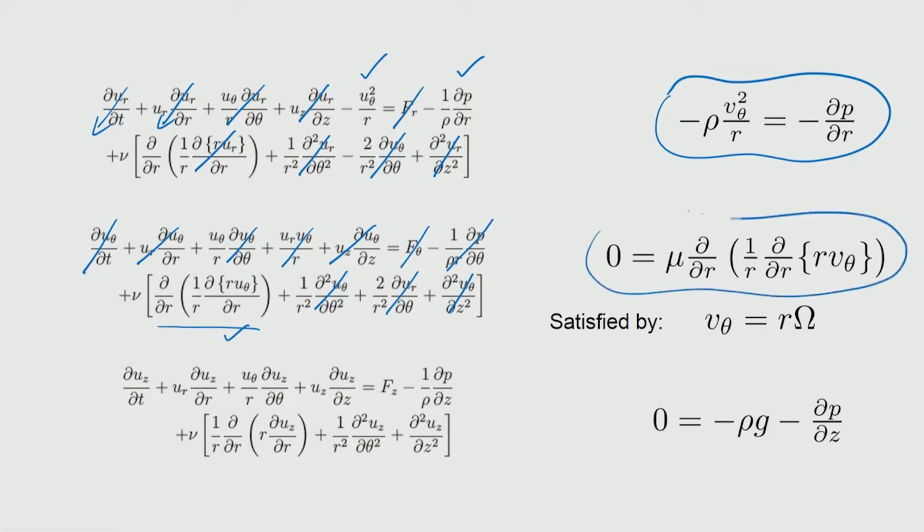So, that comes here. Now, the boundary condition is such that the linear velocity at the end of the container is given by r omega. So, if you plug in, then you see that the equation is satisfied. So, V theta can be taken as r omega, which we can substitute and see that it satisfies.